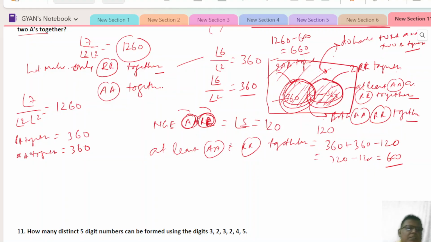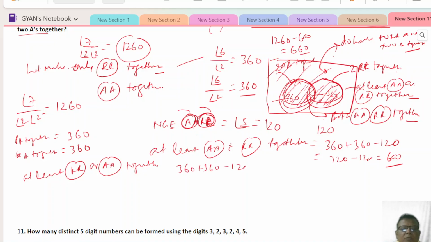But it is also possible that RR and AA are both together in this also, in this also. So at least RR or AA together will be 360 plus 360 minus 120.